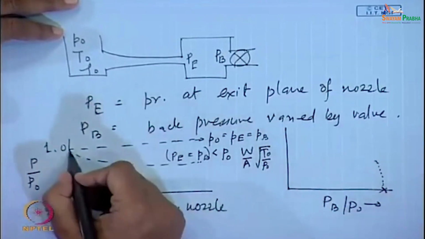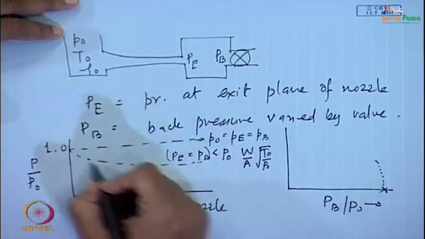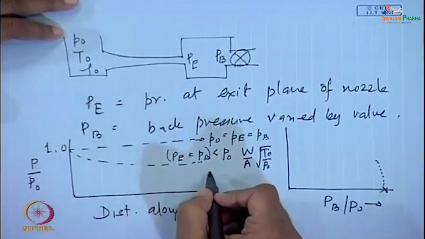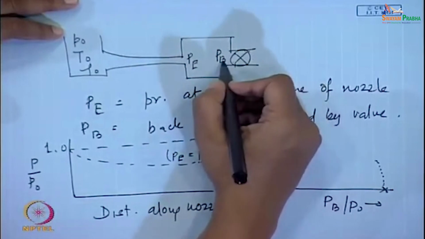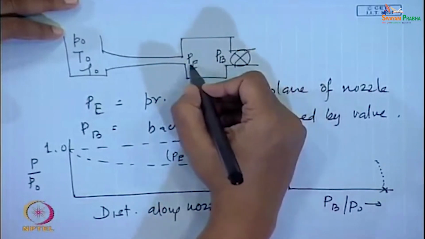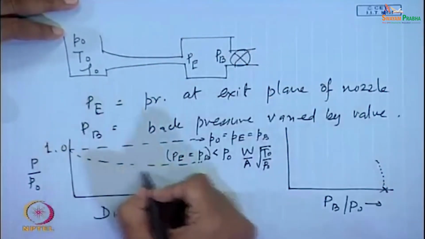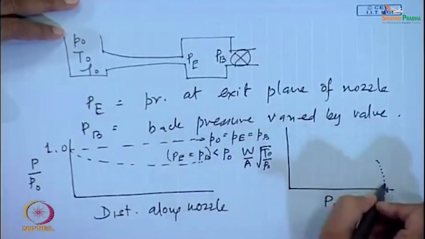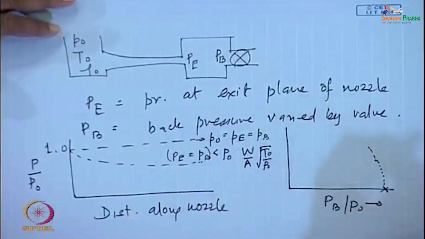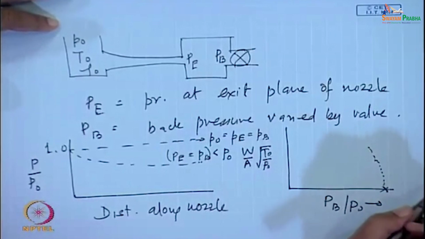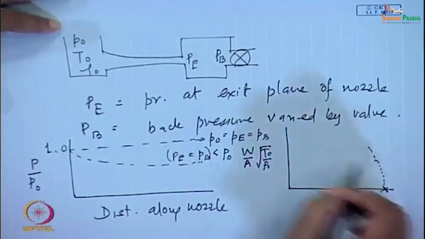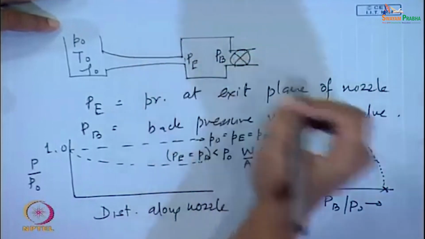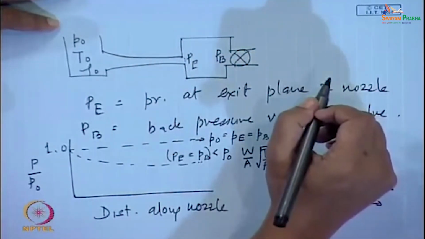We keep on continuing this, we find that we get reduced and reduced pressures here by keep on opening the valve. PB becomes equal to PE, and as we get such types of curves, the flow keeps on increasing in this particular way. Now, this continues till we obtain choked flow conditions here.